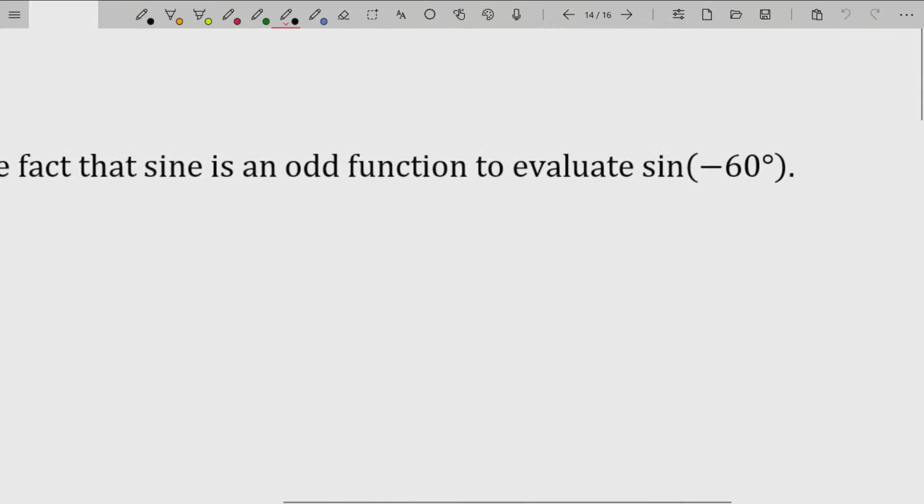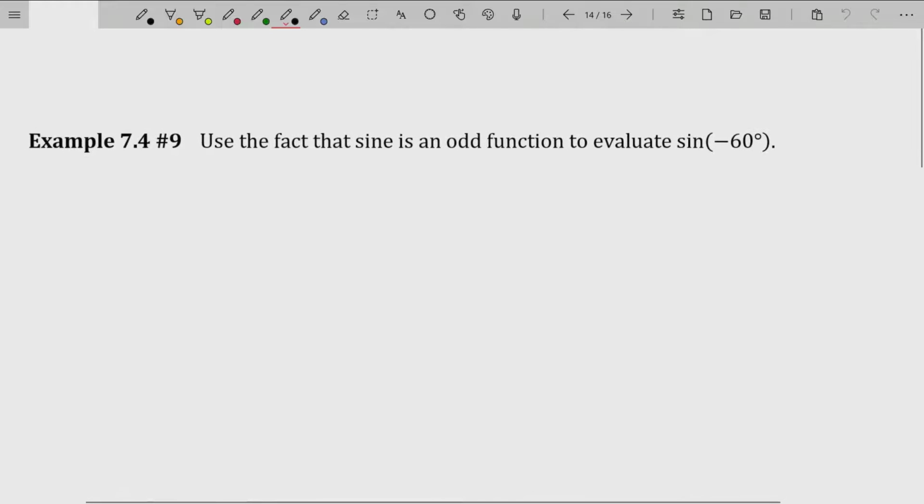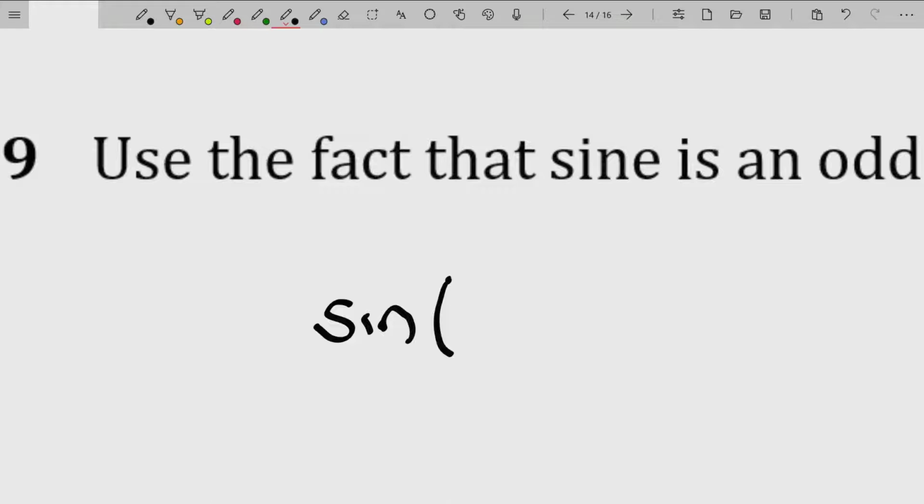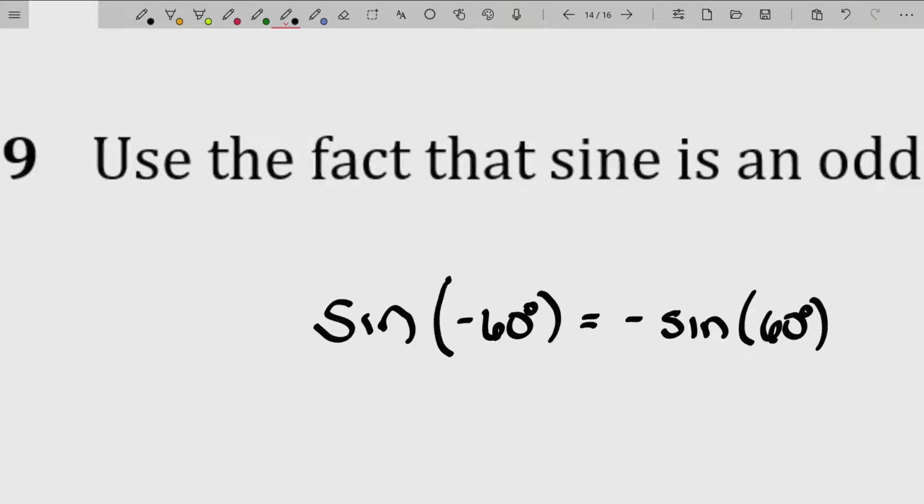So we're asked to evaluate sine of negative 60 degrees, but we're asked to use the fact that sine is odd. So how would you do that? Well, because sine is odd, sine of negative 60 degrees is the same thing as negative sine of 60 degrees.